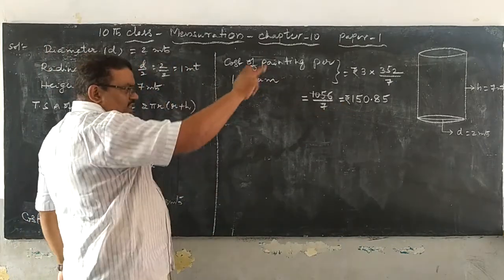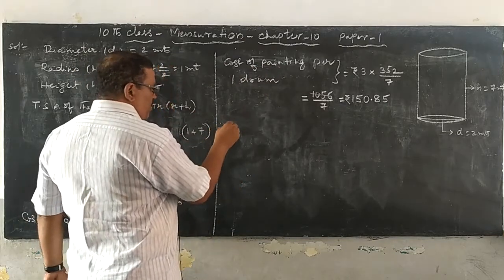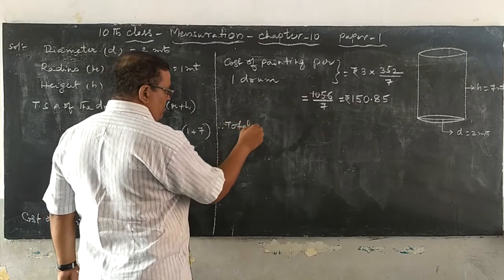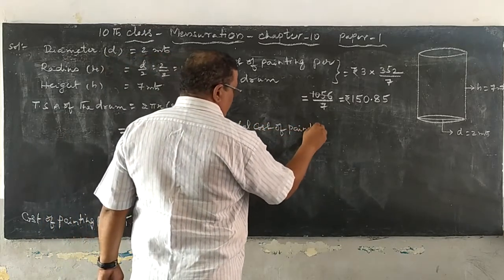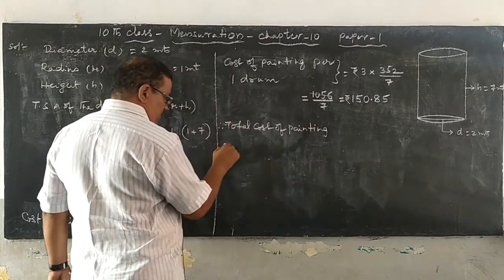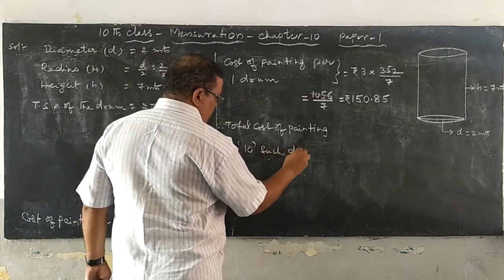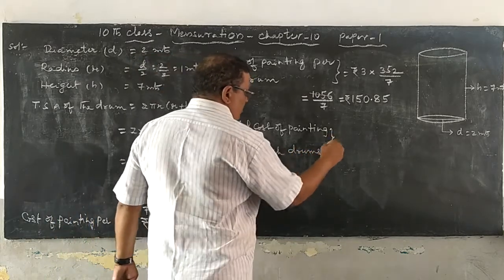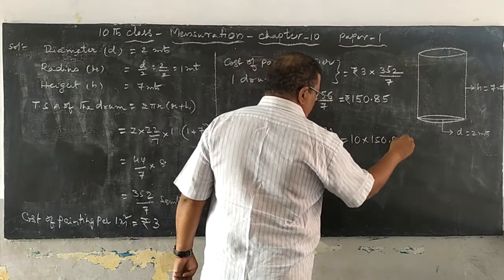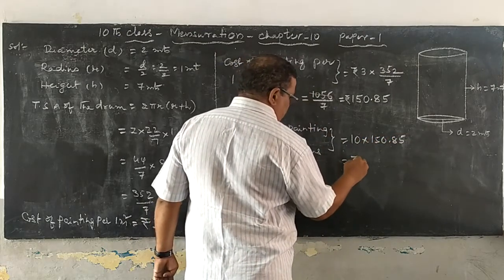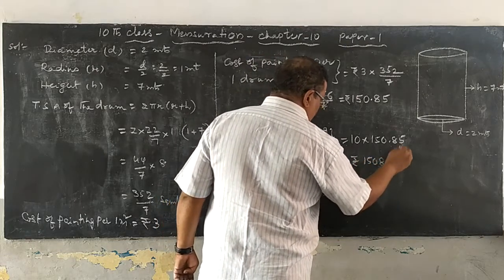How many drums are there in the problem? There are 10 such drums. Therefore, the total cost of painting 10 such drums is equal to 10 into 150.85, it becomes rupees 1508.50.